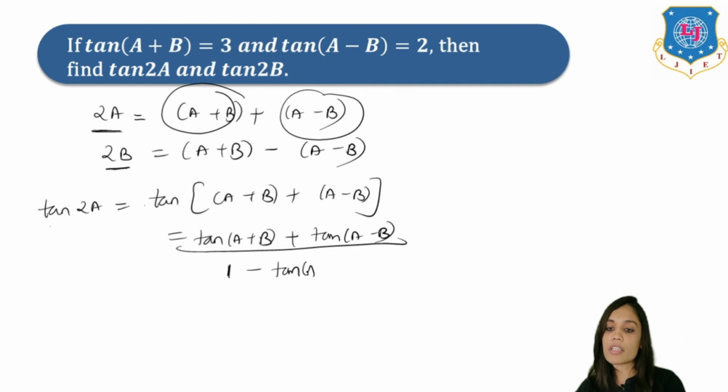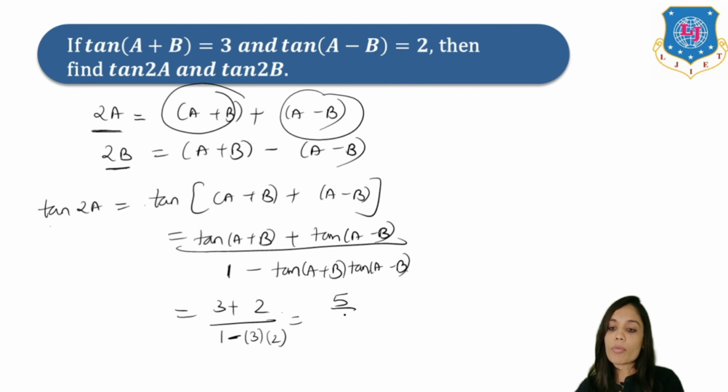So 1 minus tan(a plus b) tan(a minus b). Fine. Just put the values which are given in the question. So we will have 3 plus 2 upon 1 minus 3 into 2. So answer will be what? 5 upon minus 5. So answer is what? Minus 1.